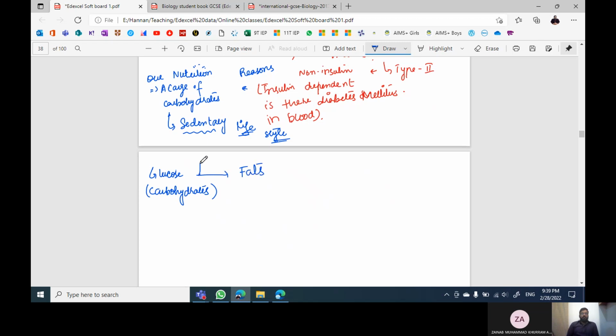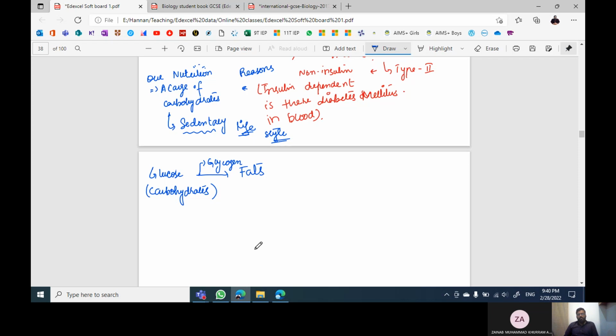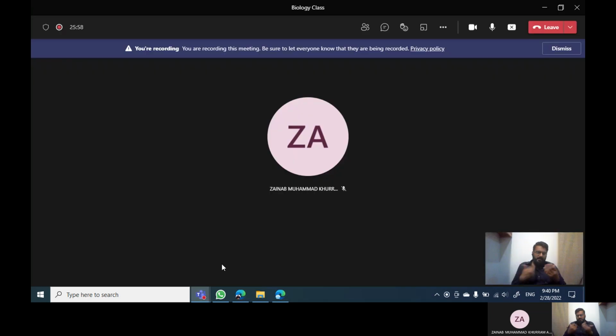First of all, the body tries to convert it into glycogen, but the storage compartments of glycogen are fewer. We have more tendency to store fats than glycogen. Do you know about glycogen? Let's have a discussion about it, then we will come back to that point.